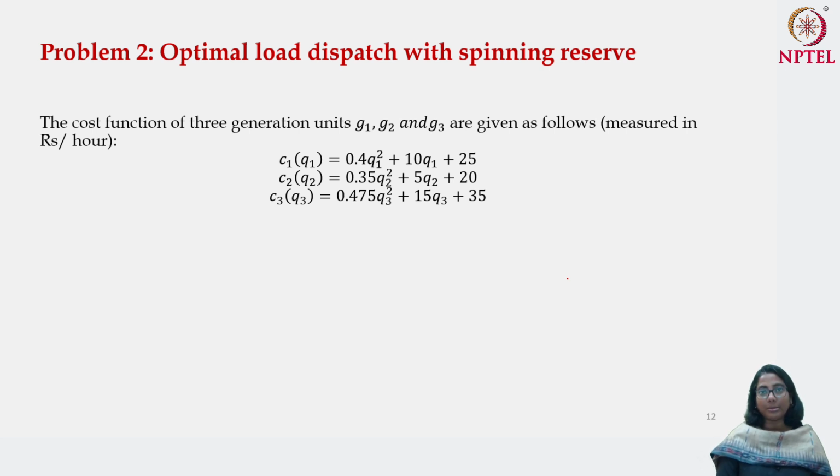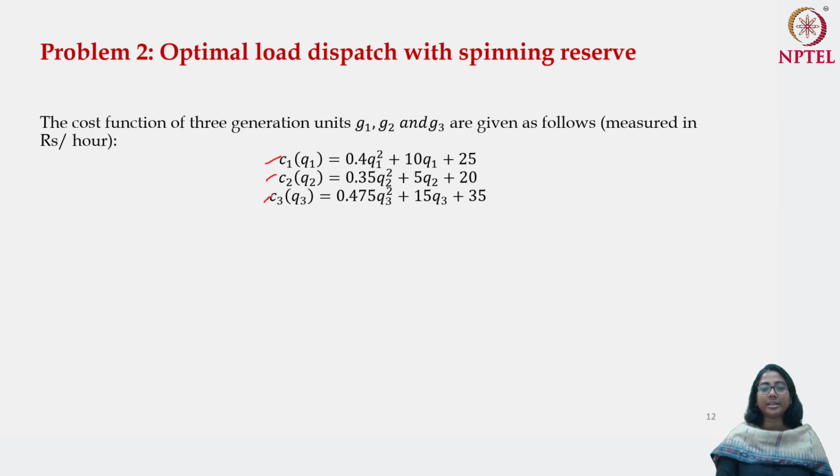Now I have added one more generating unit, and the cost functions of these generating units are given as follows. C1, the first generating unit, has cost function 0.4 Q1 square plus 10 Q1 plus 25. The second generating unit has cost function C2(Q2) equal to 0.35 Q2 square plus 5 Q2 plus 20.